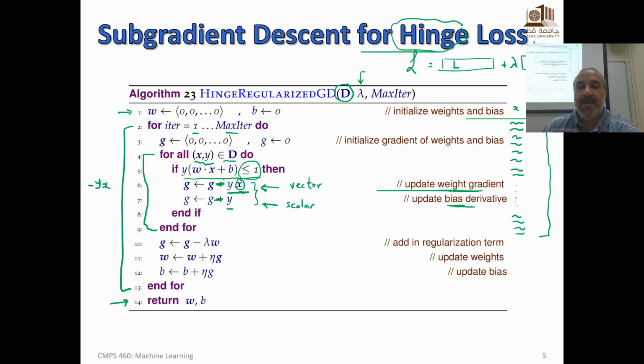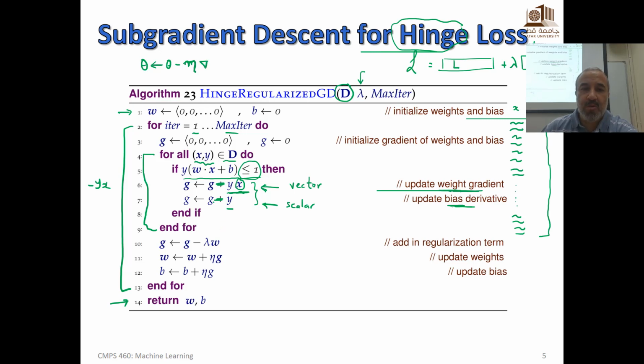After we do this, we will update the parameters using the gradient descent rule, right? Which is this one. Theta is updated with minus the learning rate times the gradient.